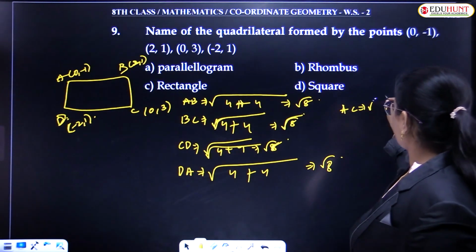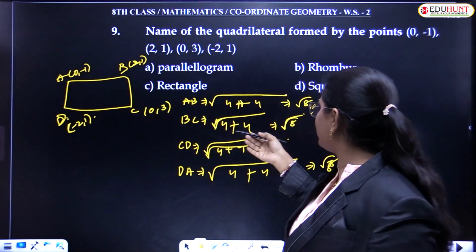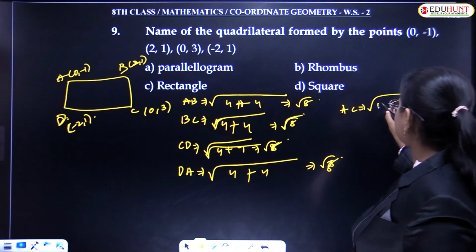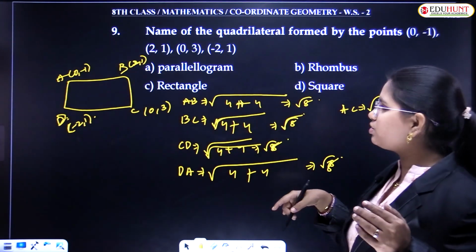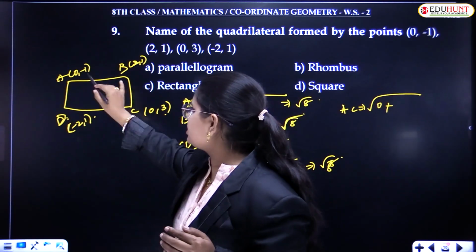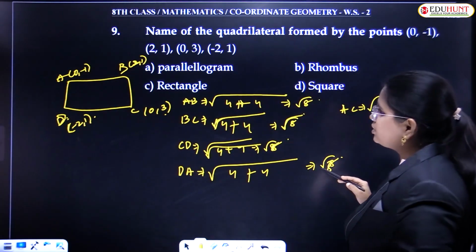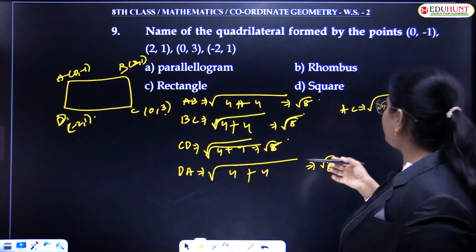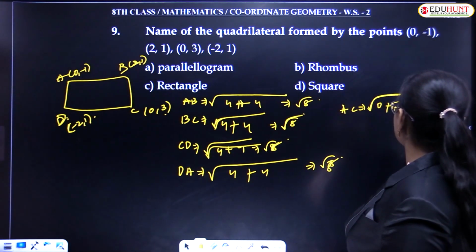So what is the value of AC? AC is 0 minus 0 whole square, which is 0, plus 3 minus of minus 1, that is Y2 minus Y1, which is 4. 4 square is 16. Root 16 is 4.